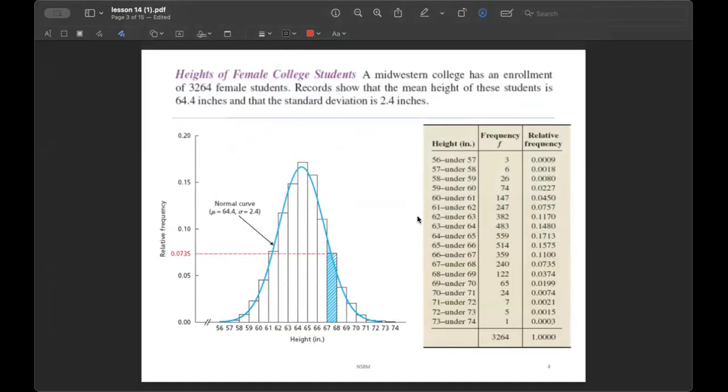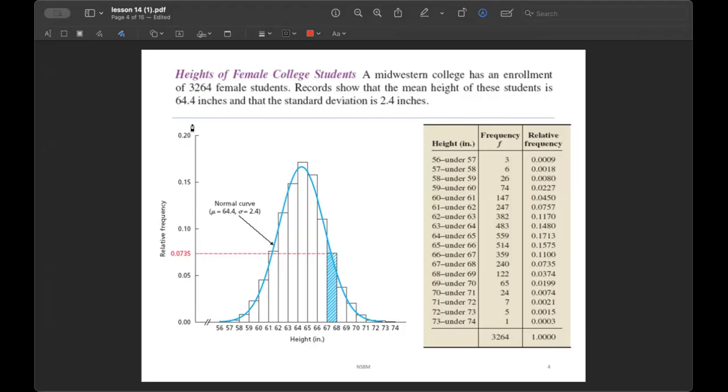Then, heights of female college students. A Midwestern college has an enrollment of 3,264 female students. Records show that the mean height of these students is 64.4 inches and that the standard deviation is 2.4 inches.